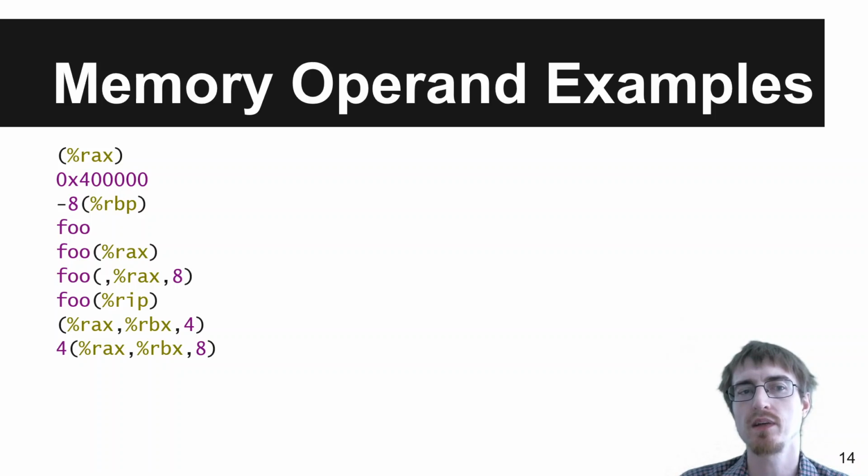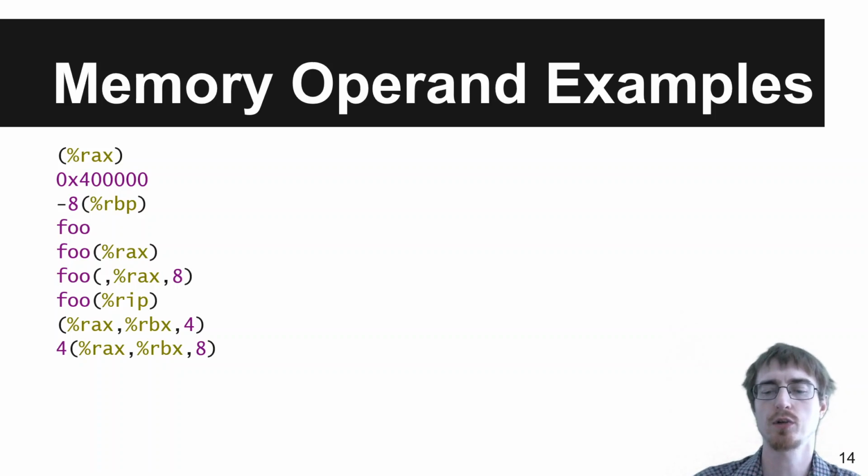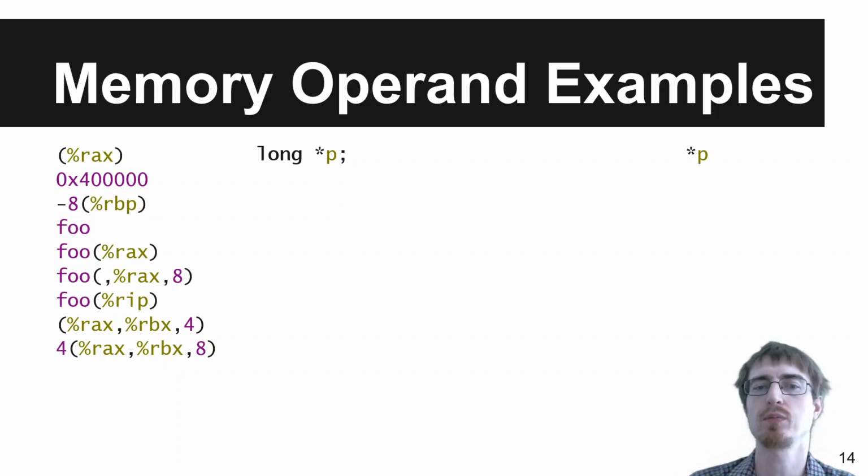So the first one, RAX between parentheses, the computation is very simple. There's just a base, which is RAX, and everything else is 0. So we just use RAX, the value stored in there, as a pointer and dereference it. Then we get whatever data was stored at the memory location RAX. So what does this correspond with in C? It corresponds with a simple pointer dereference.